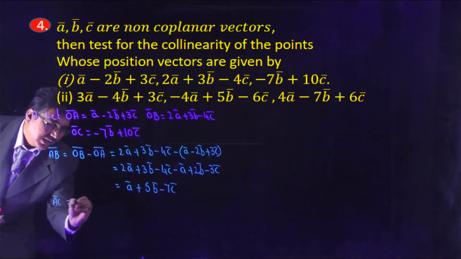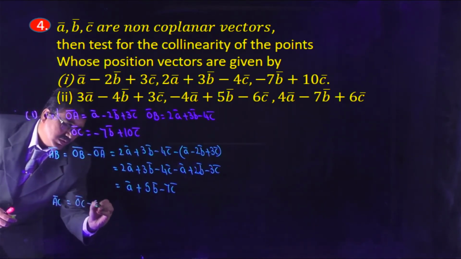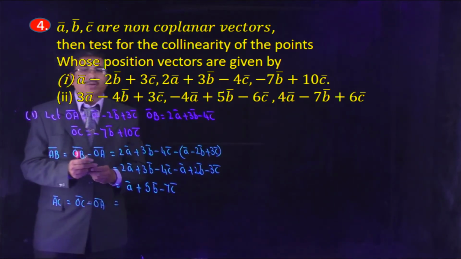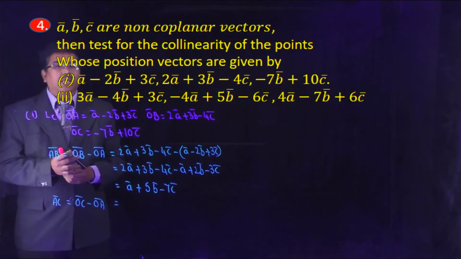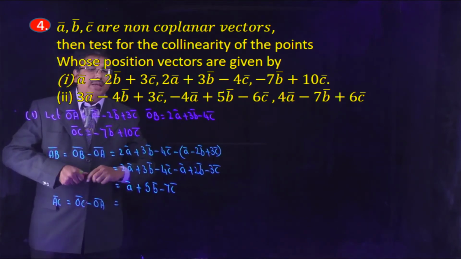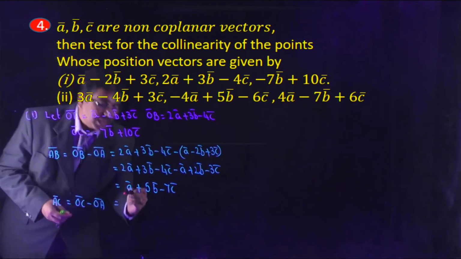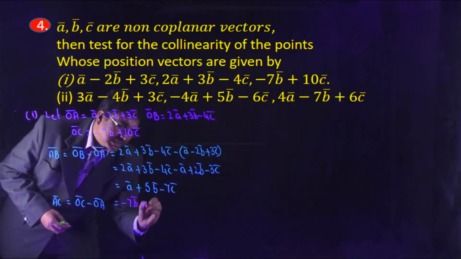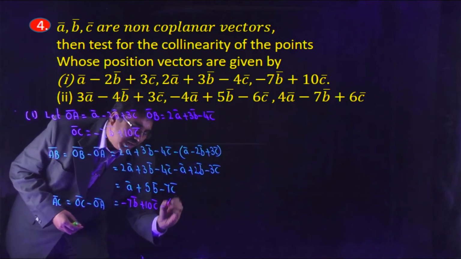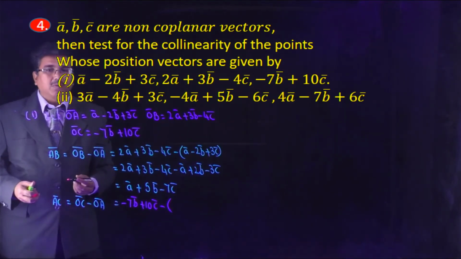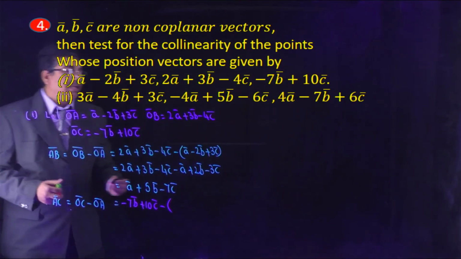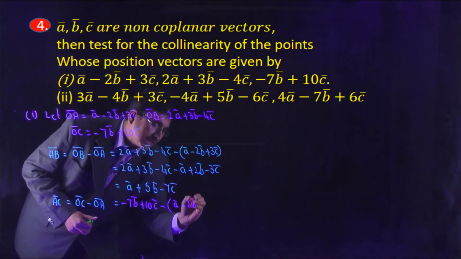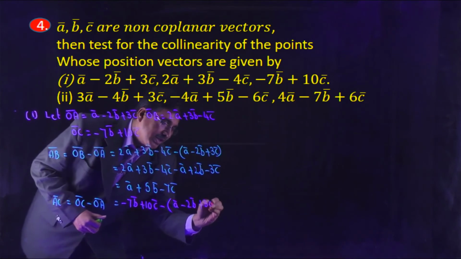AC bar is equal to OC bar minus OA bar. What is OC bar? OC bar is equal to minus 7B bar plus 10C bar, minus OA bar. OA bar is equal to A bar minus 2B bar plus 3C bar, right?